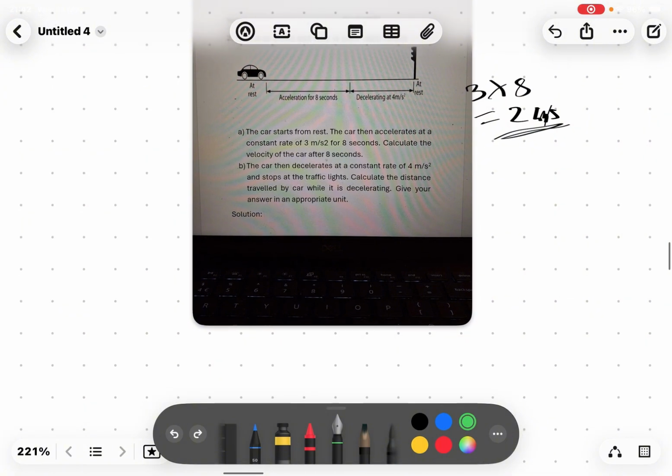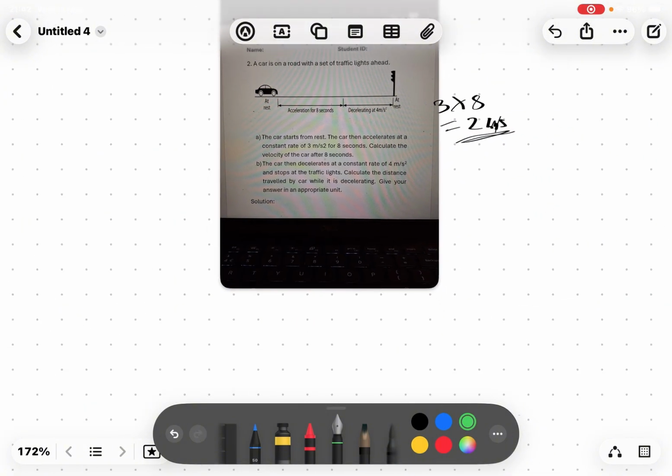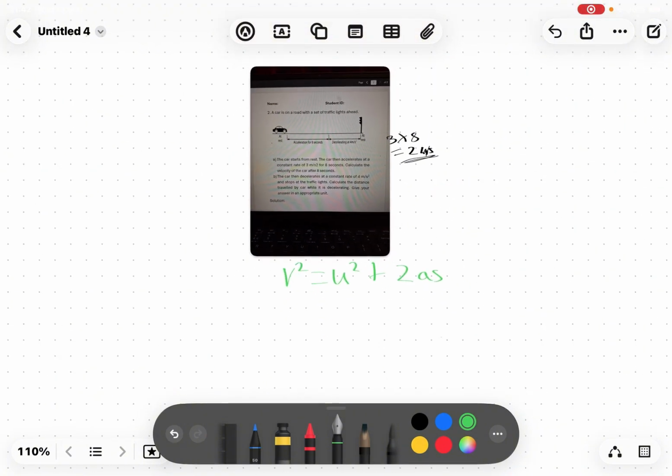In the equation on the formula sheet, it says v squared equals initial velocity squared plus 2as. So we make s the subject, by first moving it here.